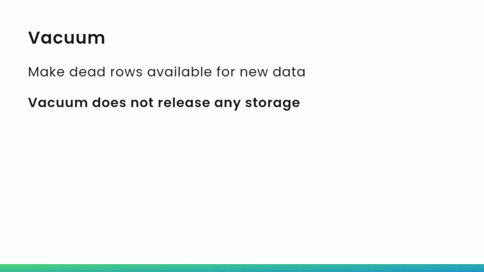The first way is using something called vacuum, okay? Vacuum will not release the space back to the operating system, but it will make these dead rows available for new data. So if you added data and got bloated to 1 gigabyte in size and half of your index is bloat, running vacuum would release these dead rows.